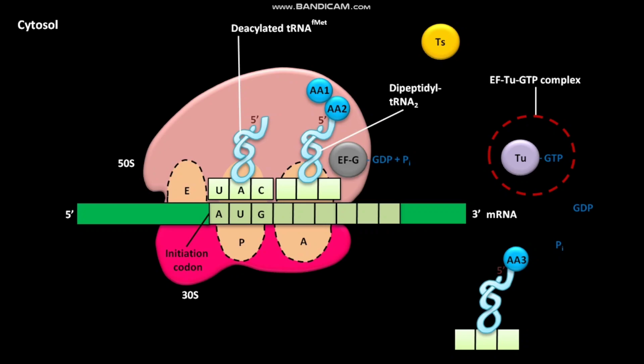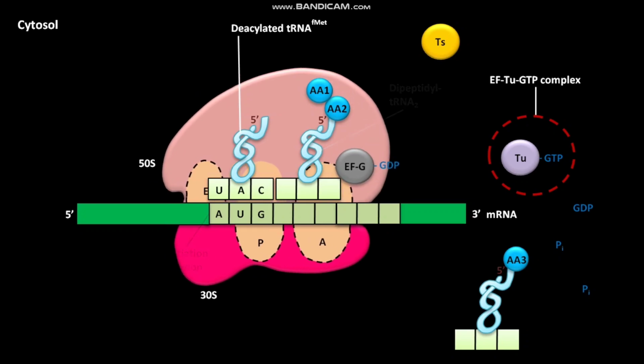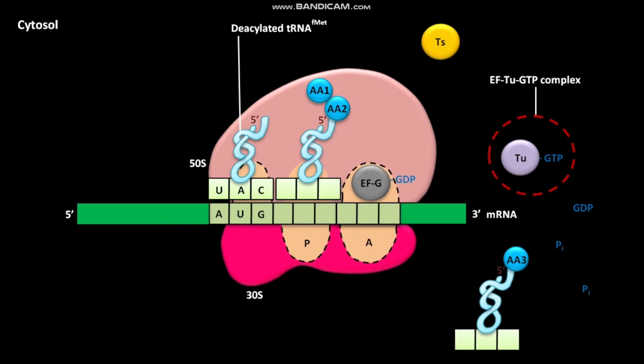The Pi is then released. The energy released during the GTP hydrolysis causes the movement of ribosome along the mRNA. This movement of ribosome is called translocation.